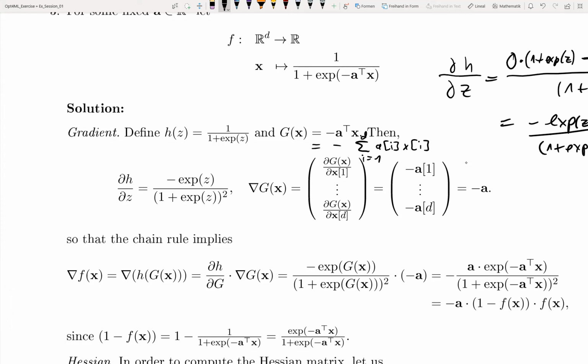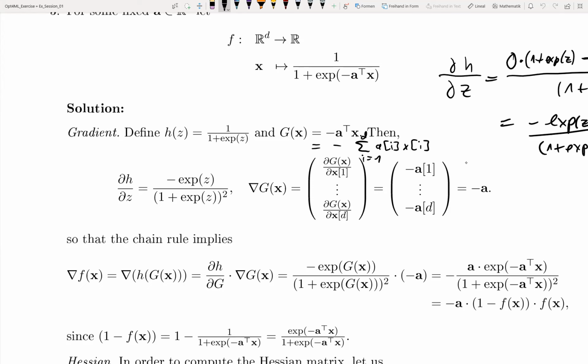So let's say j, then the jth summand is relevant. And what will be the derivative with respect to the jth component? It's the scalar with which you multiply the jth component of x, and it's then aj, or minus aj rather. Now you collect this all together, and this is nothing else than the vector a.